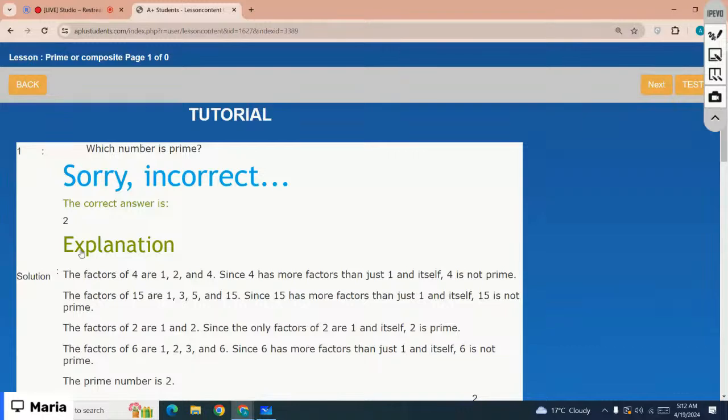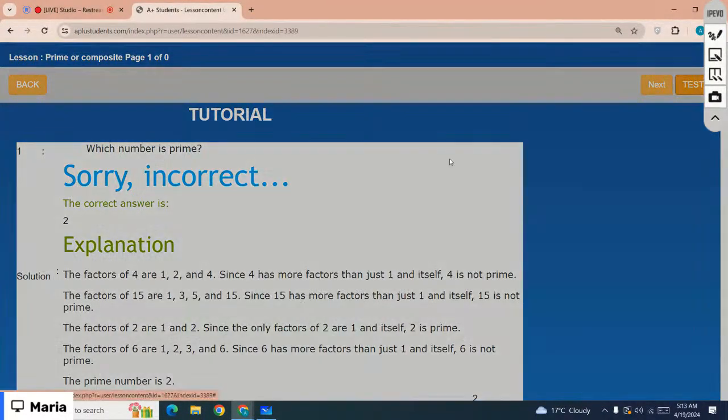The correct option is 2, the prime number. So prime numbers are the ones that have only two factors. So the correct option is 2, right? Okay, let's just start with the test questions.